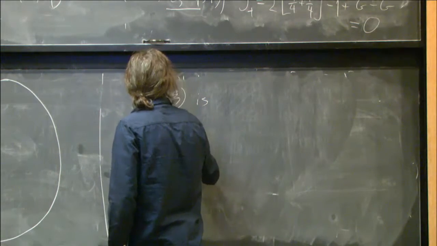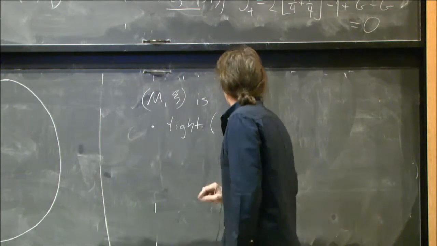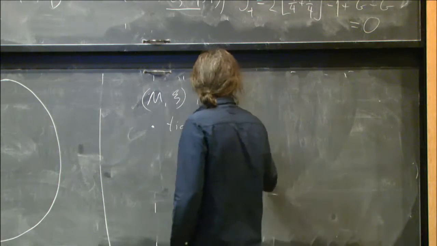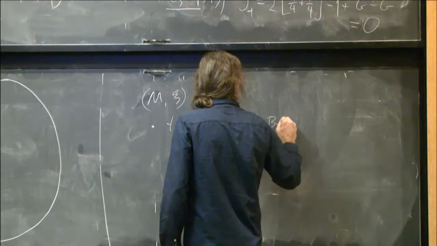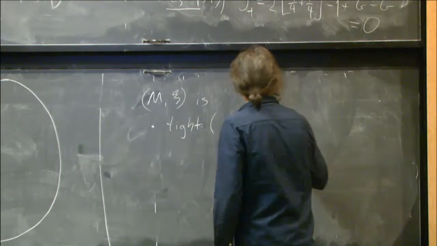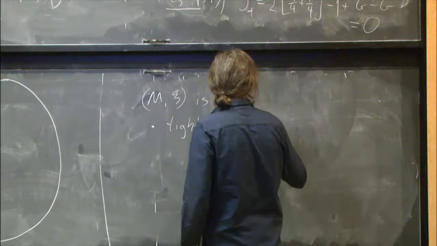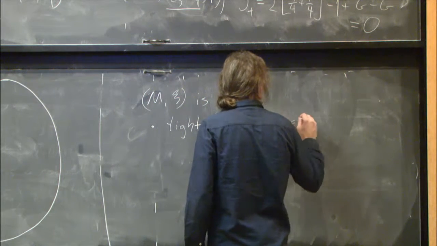Is tight, which we can see by work of John Baldwin. Wait, nope, sorry. The next part would have been due to John Baldwin. This would be due to work of Ito and Kawamura.